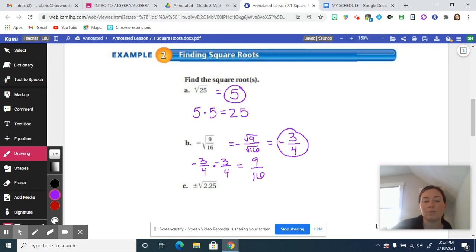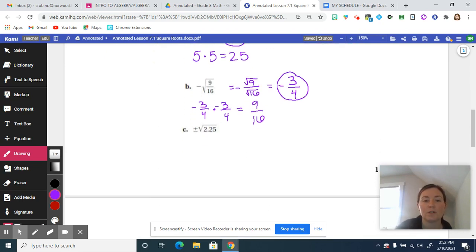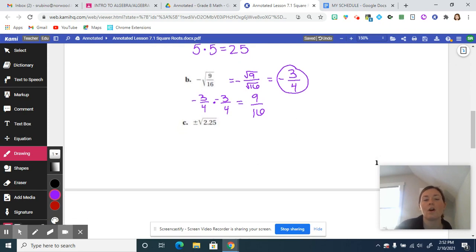Now, in our last example, we have a decimal. And in front of our radical sign, we have the plus or minus notation. So this should have two solutions, a positive and a negative solution.